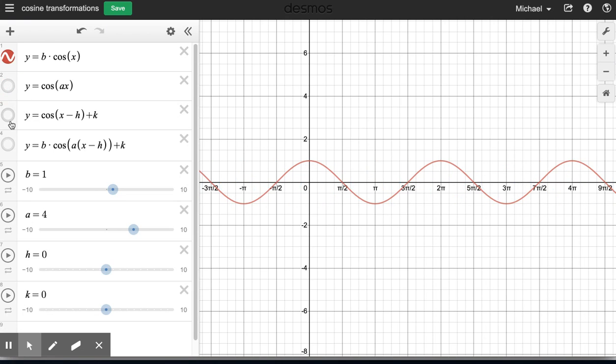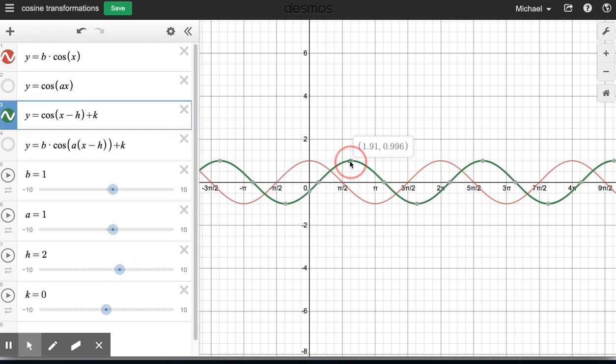This next one, cosine of x minus h plus k, should sound familiar. That's how we dealt with parabolas. If I start changing what's subtracted in here, so if I subtract away, let's say h is 2, that just moved my graph to the right 2. You can see that by looking at this maximum value at the point 2, 1 instead of 0, 1 for cosine.